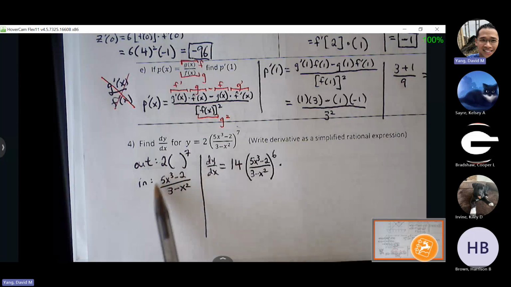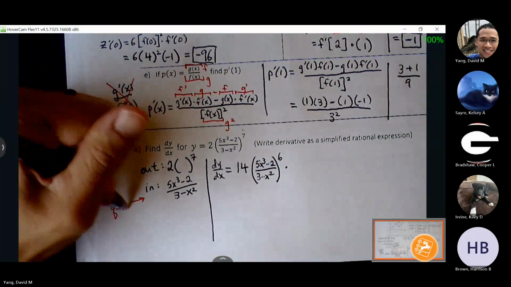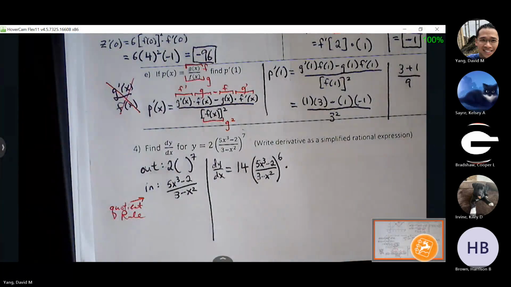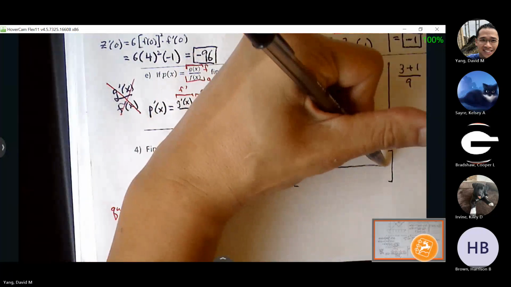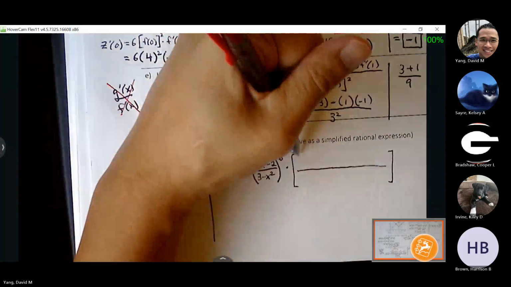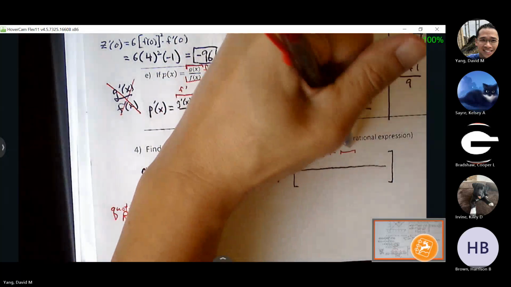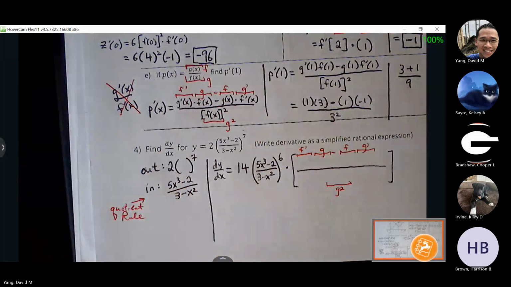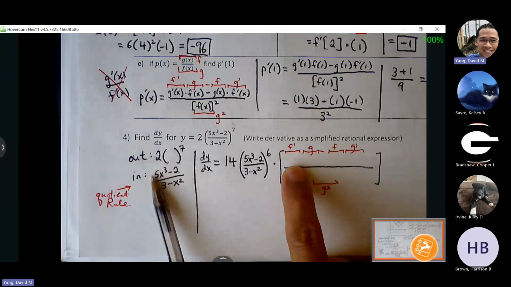And because numerator denominator tells us quotient rule. Okay, so f prime is asking for the numerator's derivative.